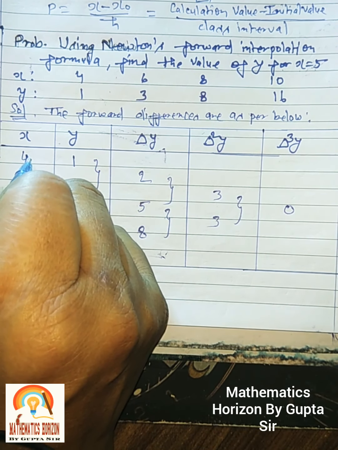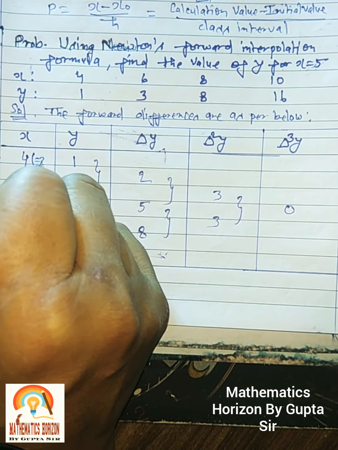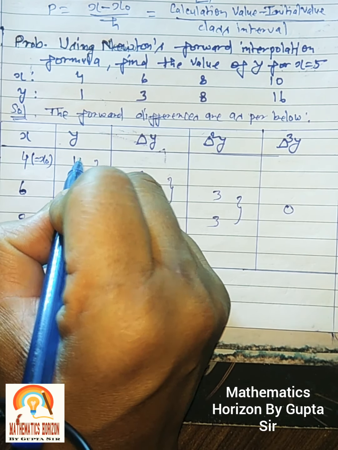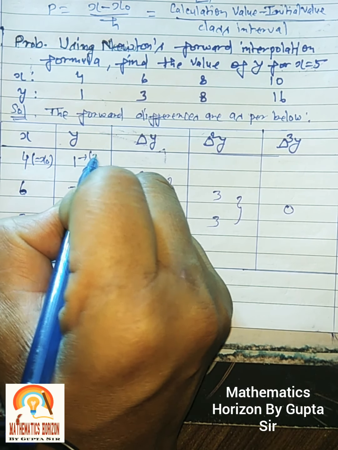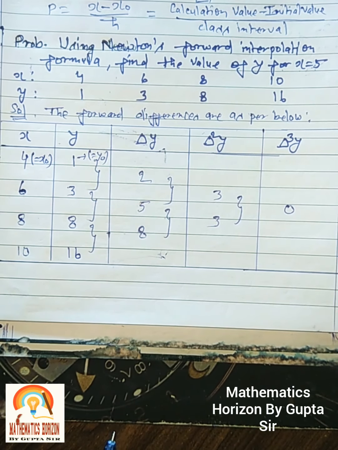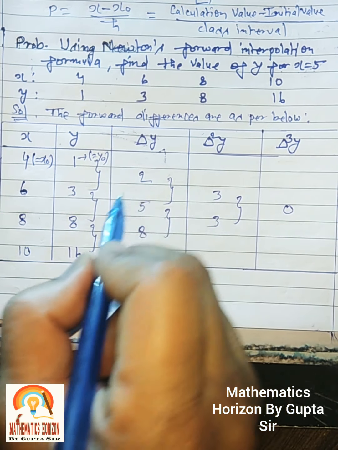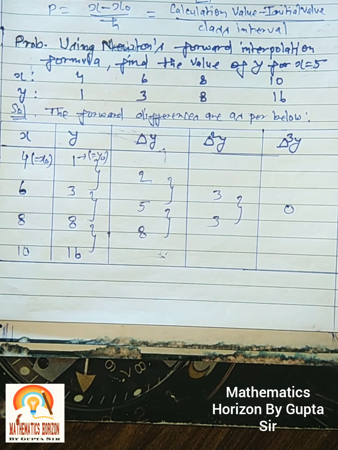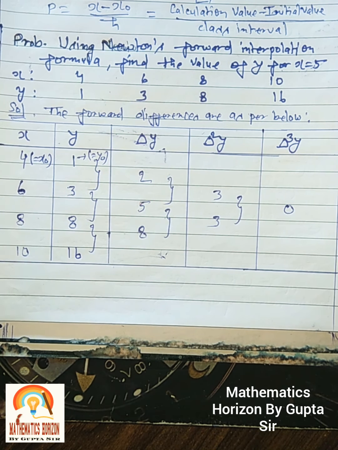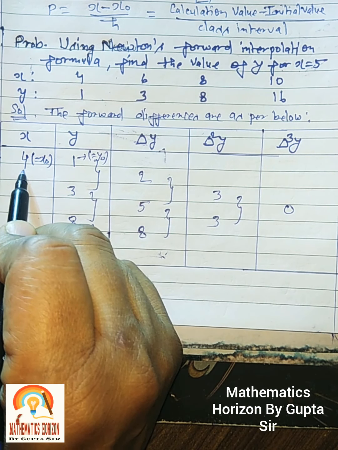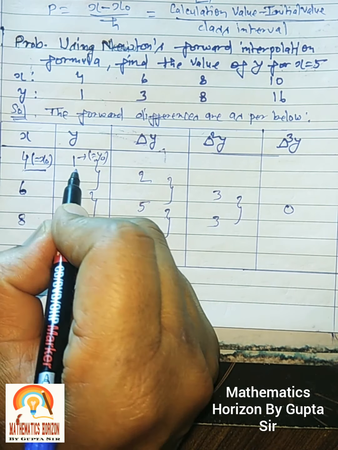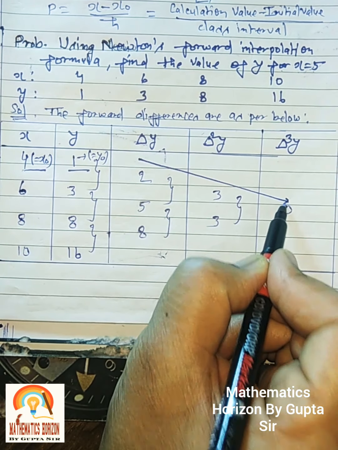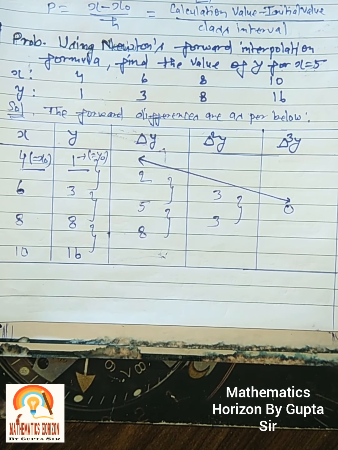Now we choose this 4 equal to x0, and the corresponding value is called y0. This is x0, this is y0, and these are the forward differences from top to bottom.